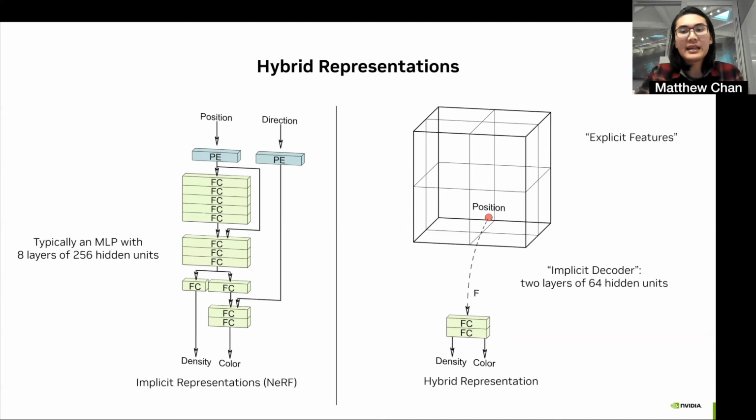So rather than the standard implicit MLP, which receives the input as position and direction and directly encodes that into a volumetric density and color, or rather than an explicit feature grid on the right, which directly looks up density and color from a predefined feature grid, we experimented with and proposed a hybrid representation which combines the two to get benefits of both worlds.